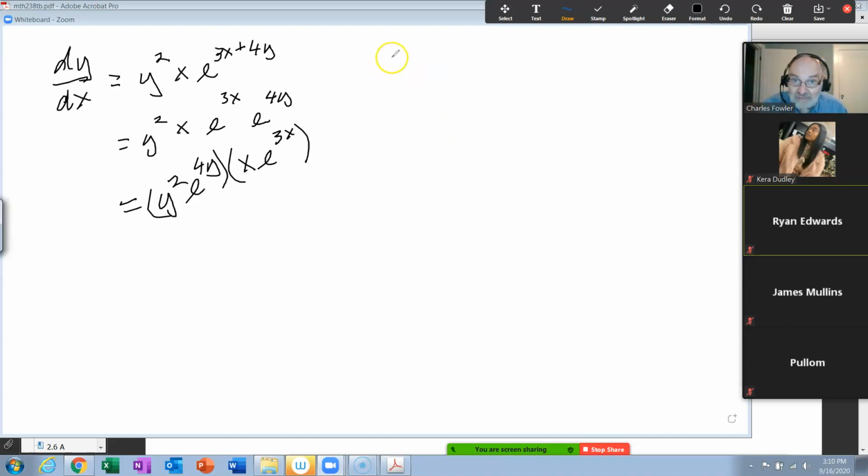The second one says dy/dx, written in normal form they call this, is equal to y plus the sine of x. Is there any way in the world you can make that a product of a function of x times y?